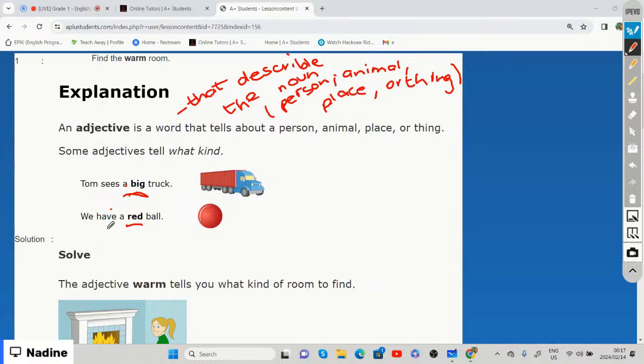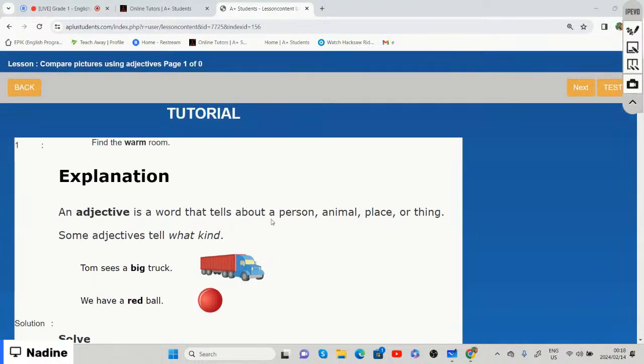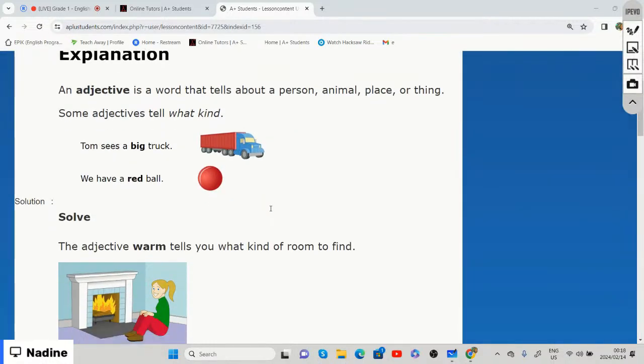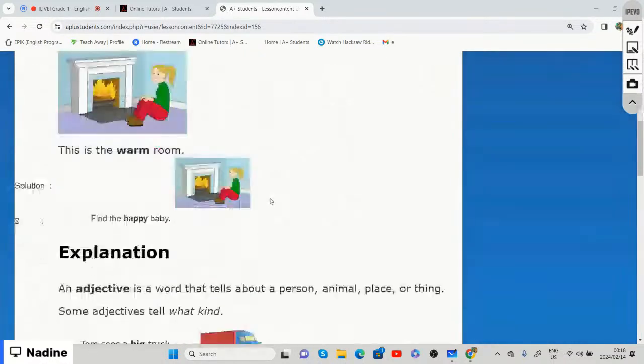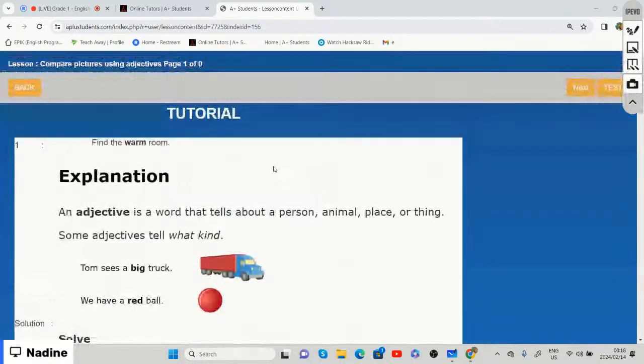And then on the other side, they will tell us how many. And on our tutorial page, we said we're going to compare pictures using adjectives.